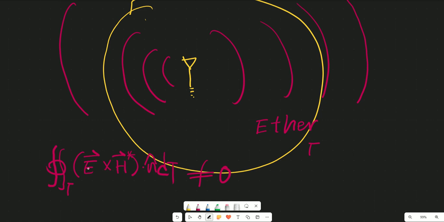So for a radiation, this is a Maxwell theory. Always has something because the energy is given to ether, and then electromagnetic wave will transfer in the ether. The energy is inside the ether, and later if somewhere has a receiving antenna, they will get some energy.